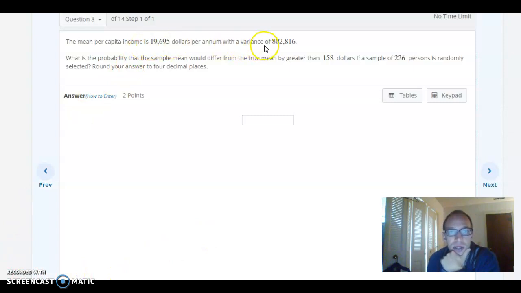Okay, two things to note here. Again, we're given the variance. We would need to take the square root of that to get the standard deviation. The second is that this variance that we're given is coming from the population, which means we would use a Z procedure for this problem. And again, we have the sample mean differing from the true mean by more than 158.